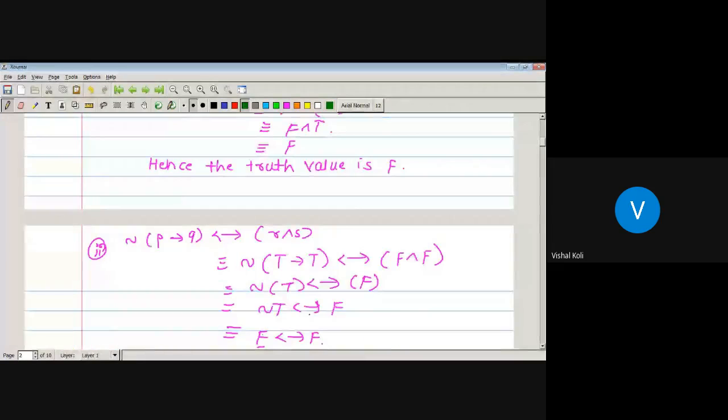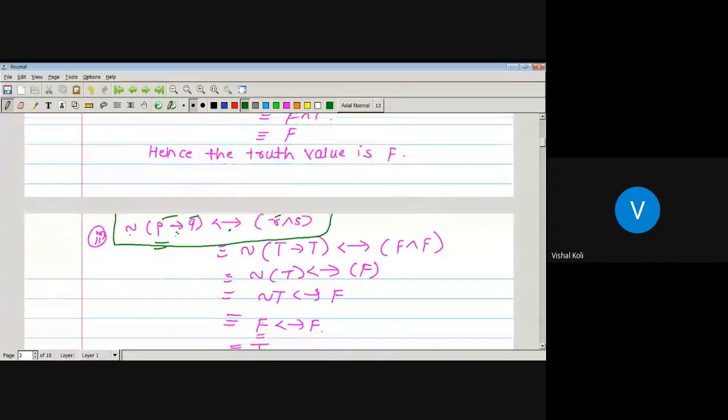Here P, Q, R and S are the statement letters, and negation, conditional, biconditional are the connectives. So the combination of these statement letters and connectives is called a statement pattern. It means this total is called a statement pattern.